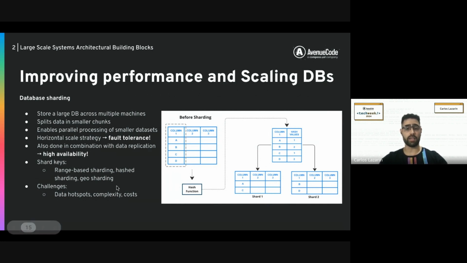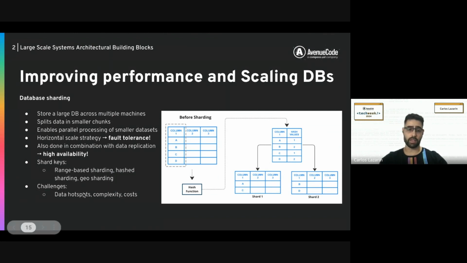And we have some keys to split the data. So I'm gonna illustrate here the hashed sharding, how it works. We have here, for example, a table, and we apply a hash function on it. So we are gonna have rows A and C with a hash code of 1, and rows B and D with a hash code of 2. So we're gonna move those records to specific shards based on the result of this hash function, right?